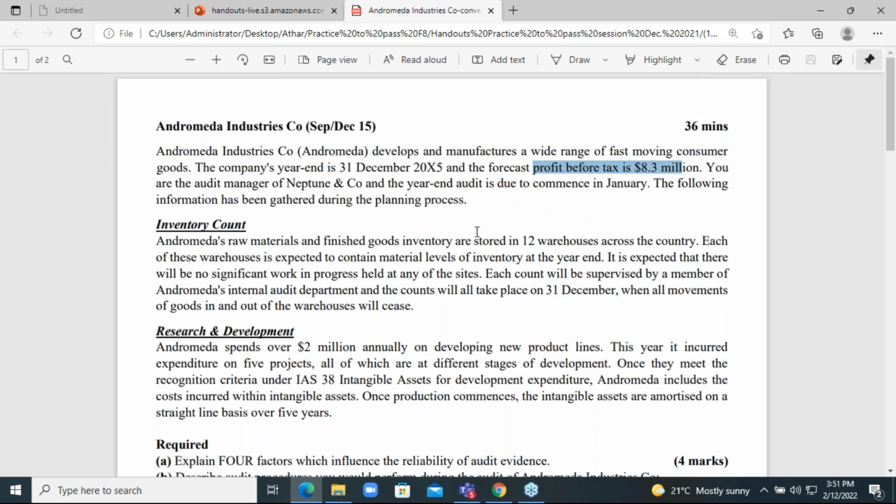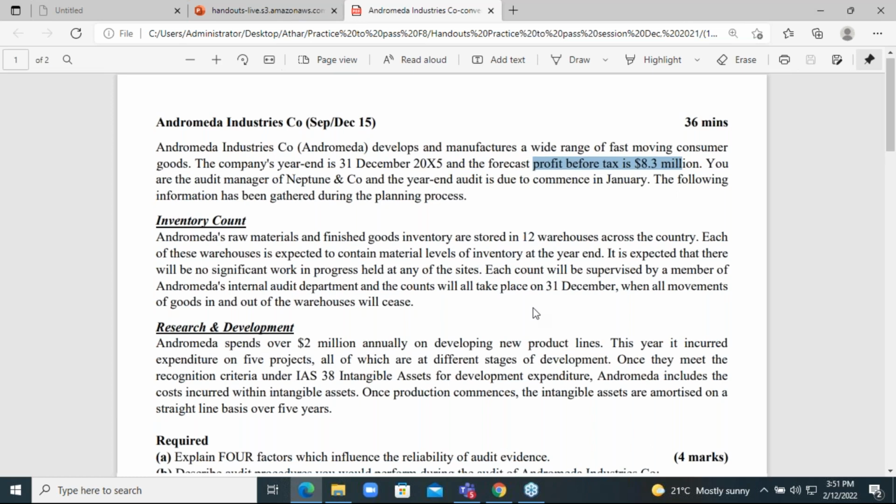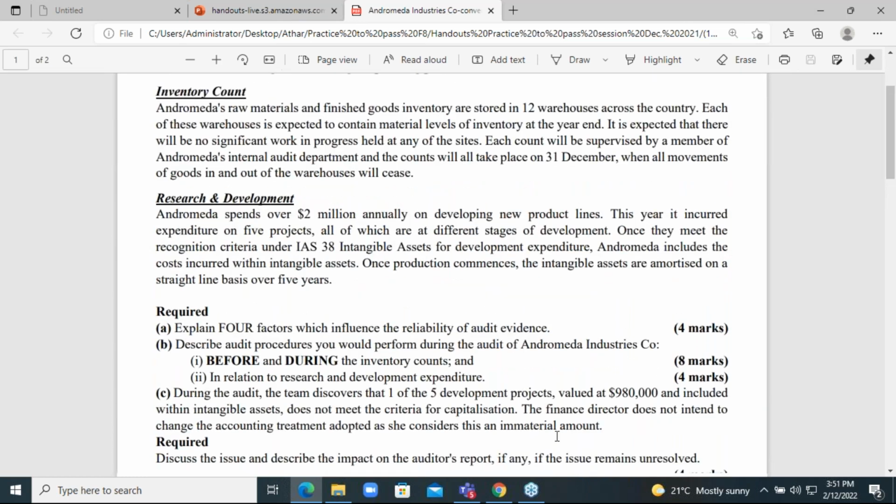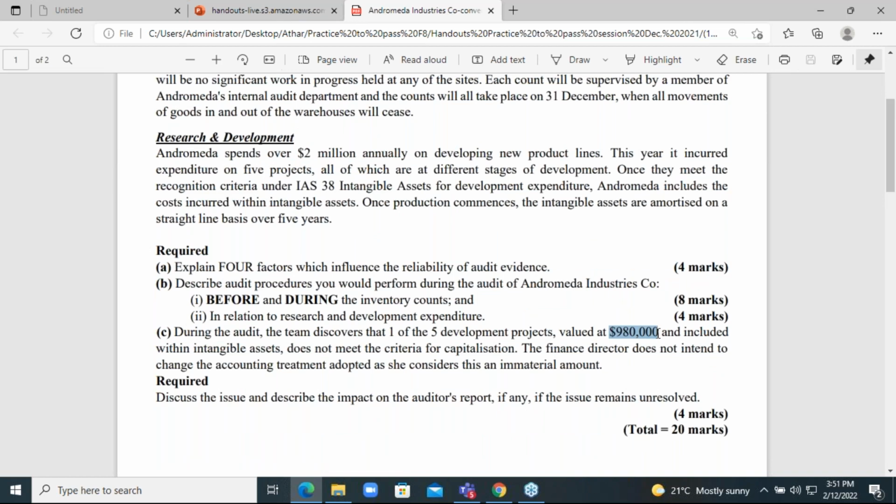So this is very important information in context to the implication of this project on the audit report. So the figure is 980,000. Now let's discuss the impact and how to approach this type of question.